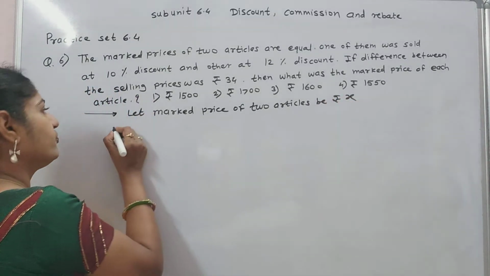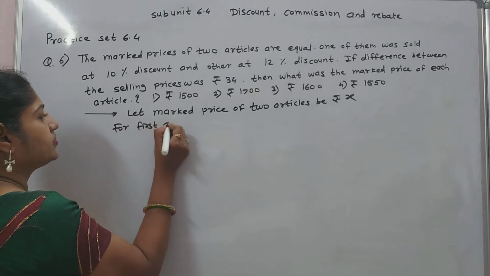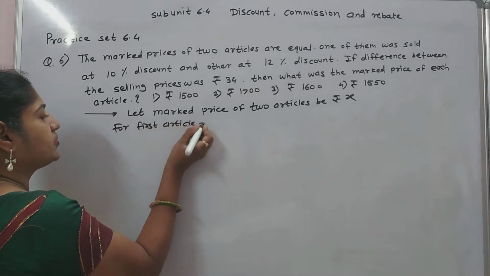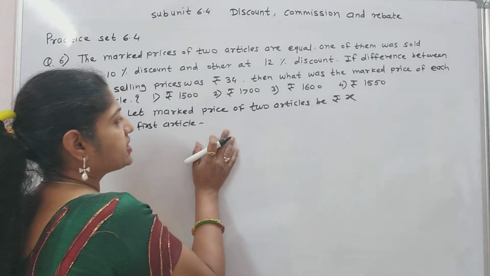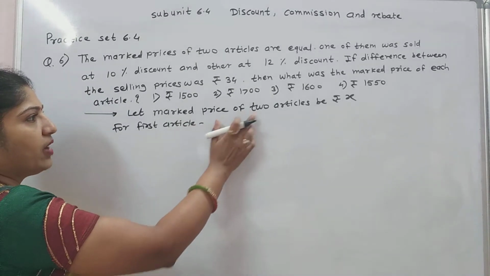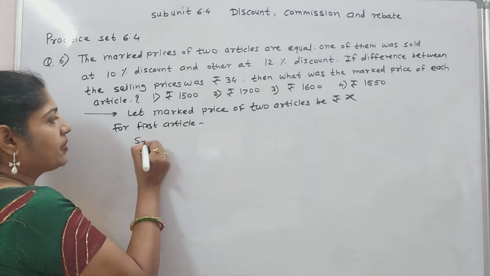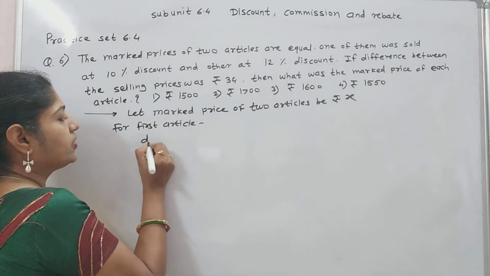For the first article, there is the discount of 10%. So find the selling price of that article. First find the discount.